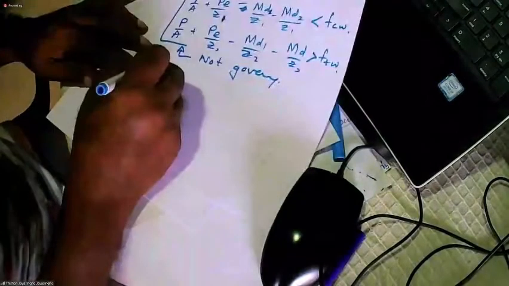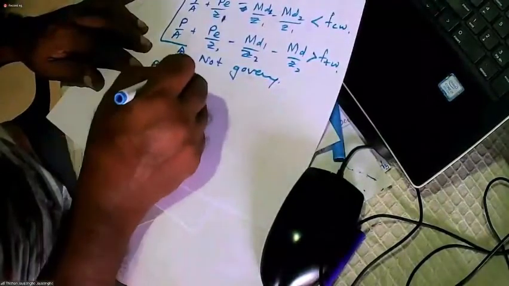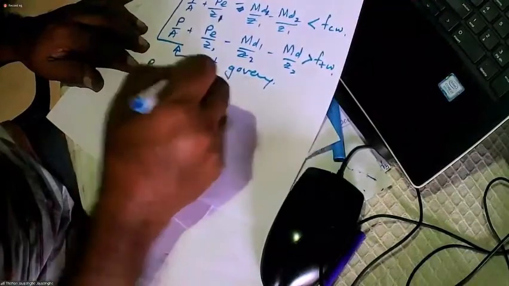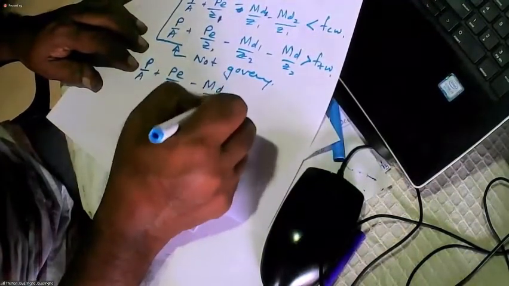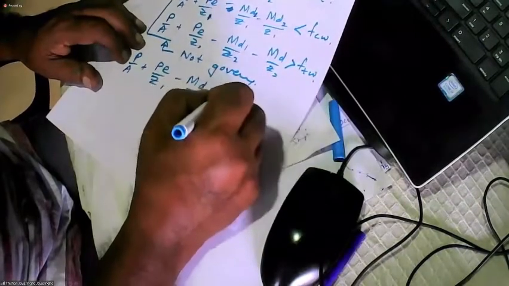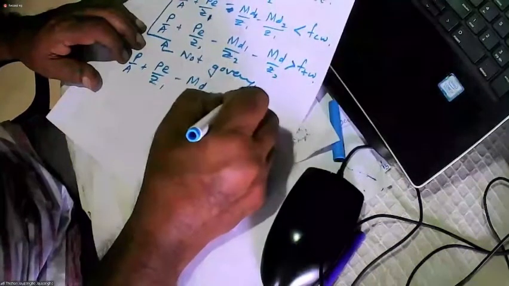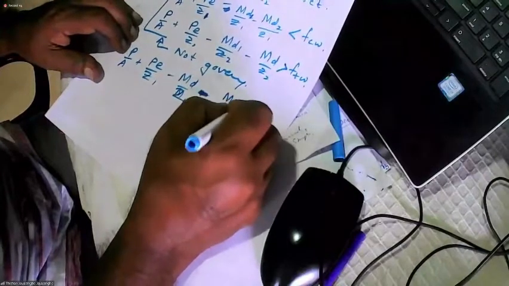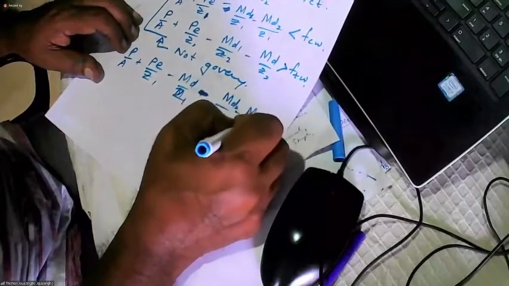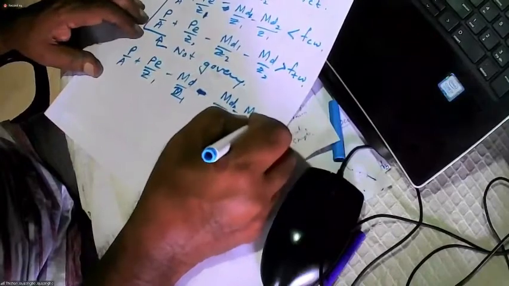Then we have another situation, P over A plus P e over Z1 minus MD1 over Z1 minus MD2 over Z1 minus ML over Z1 should be less than compression at working.